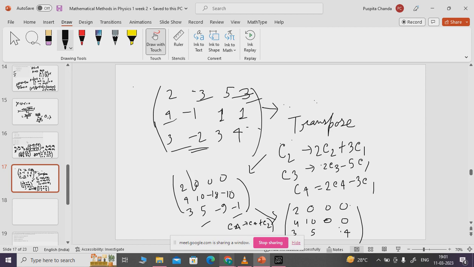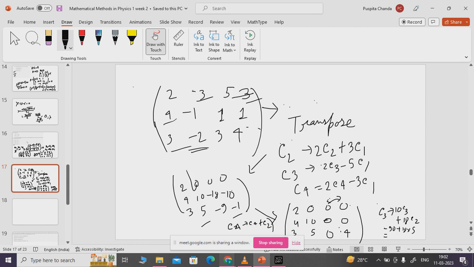And to make this 18 0, C3 will be 10 into C3 plus 18 into C2, that will be 0. Okay.